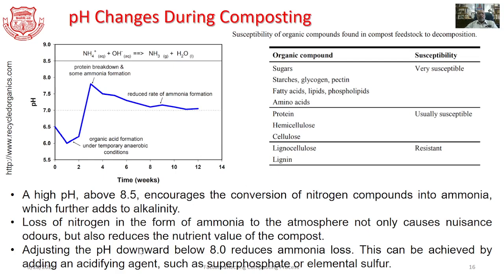Hence, adjusting the pH downward below 8 reduces the ammonia loss. This can be achieved by adding an acidifying agent such as superphosphate or elemental sulfur.